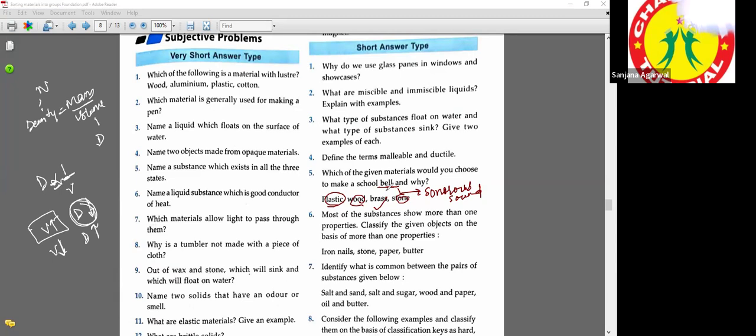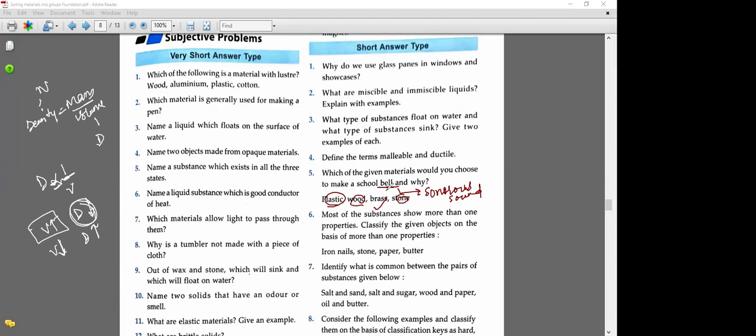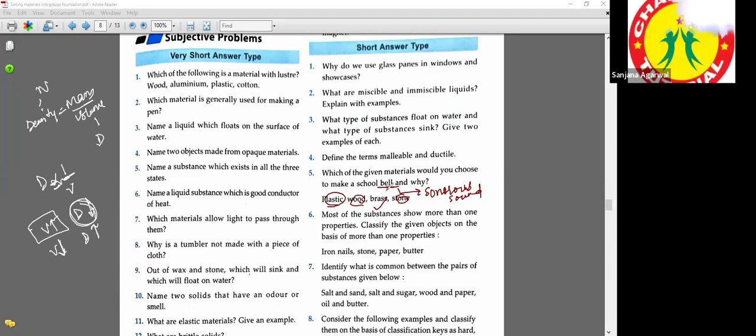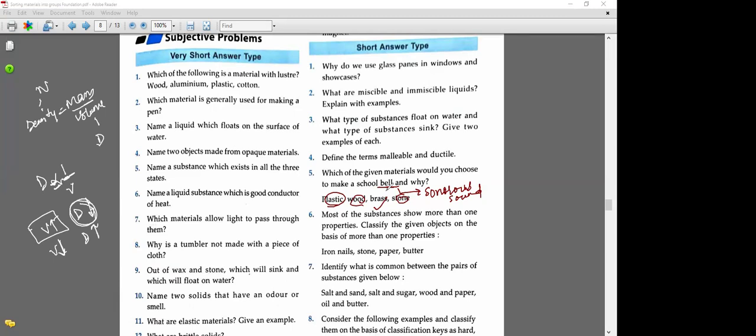How? They have more than one property. Like?